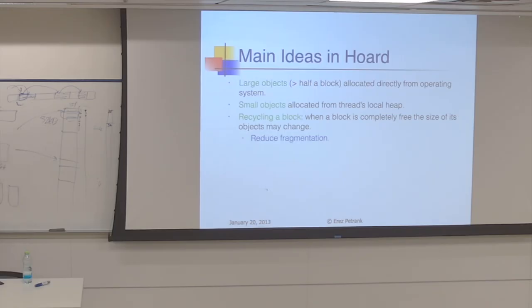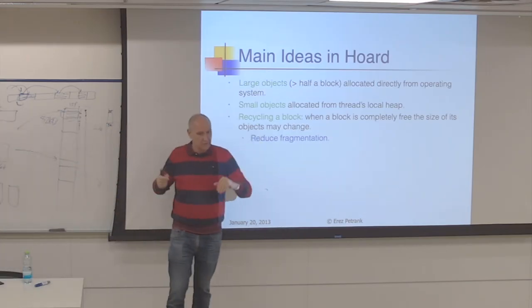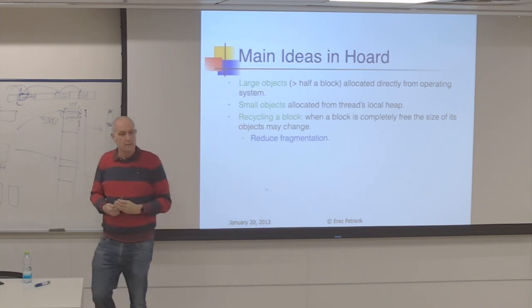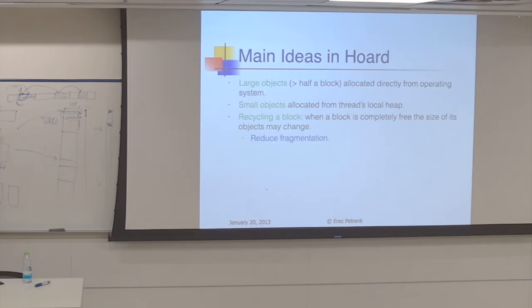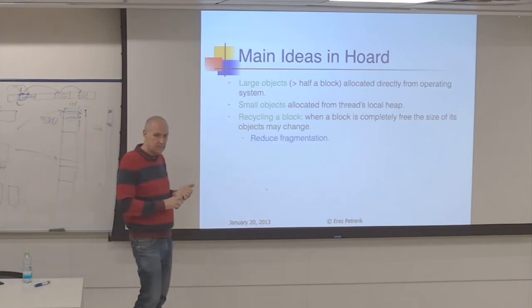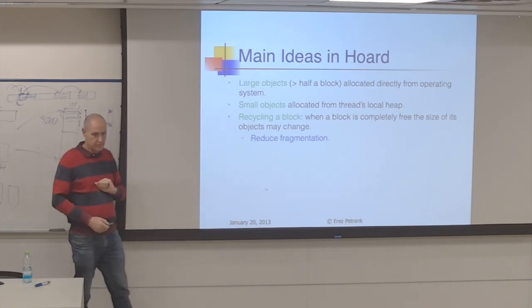But if there are two different objects, one allocated by one thread, another allocated by another thread, I don't want to cause thrashing just because I put them on the same cache line. That I want to avoid. Whatever the program wants to do, it will do, and it can be inefficient. I just want to make sure that I allocate them so as not to cause problems for the program. The local heap is only for allocations. Anybody can touch anything.